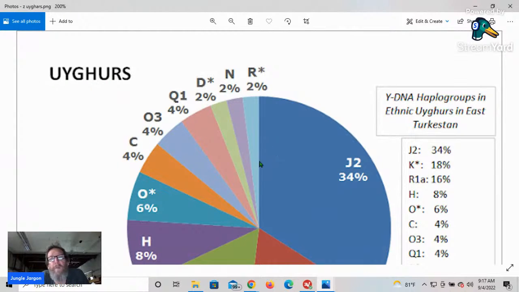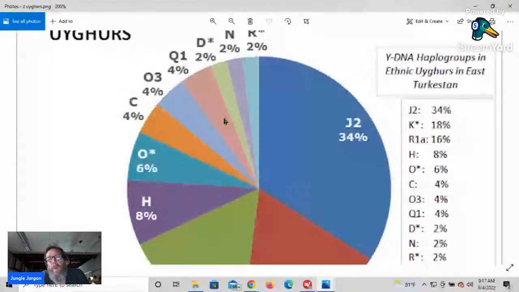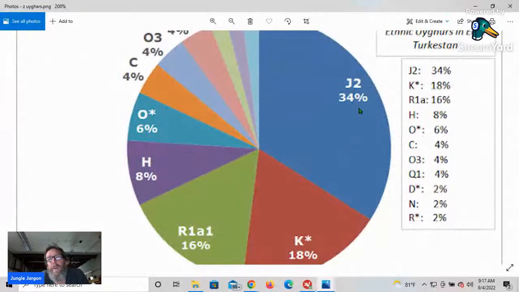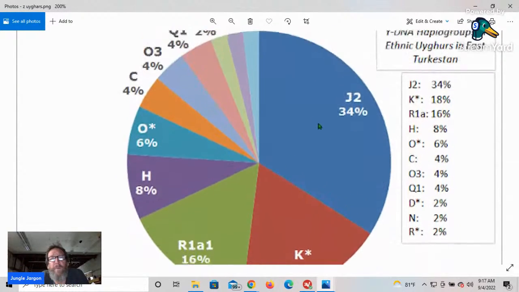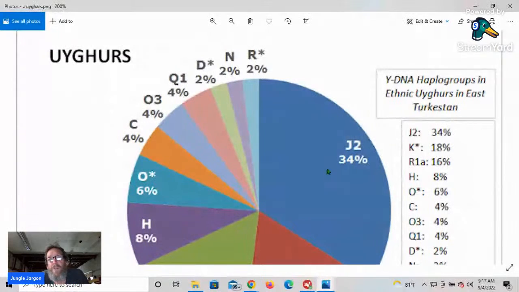Turns out the Uyghurs are 1/3 Judaic, J2, not J1, not I1, not G, not anything else, J2, Judaic. The Uyghur populations, the ones that are being persecuted right now.